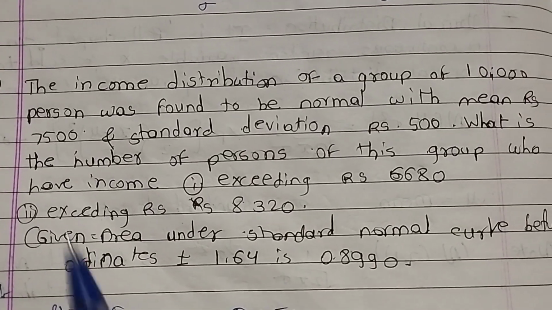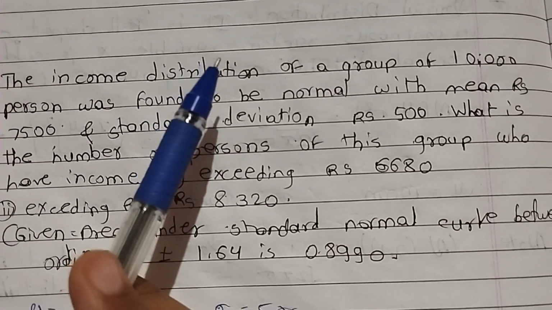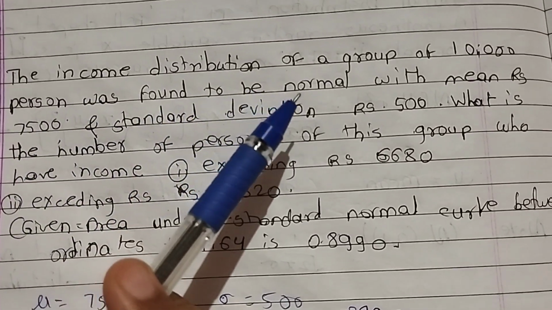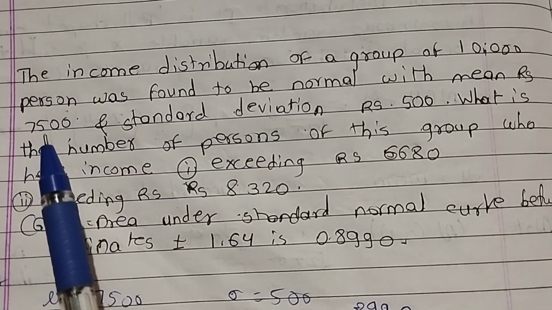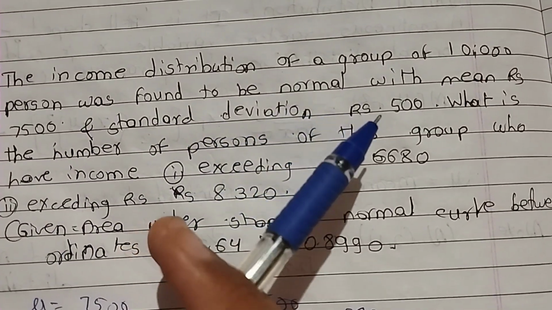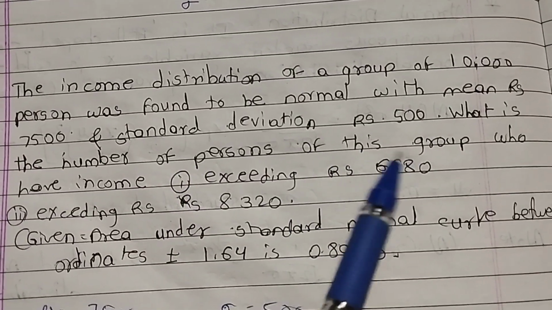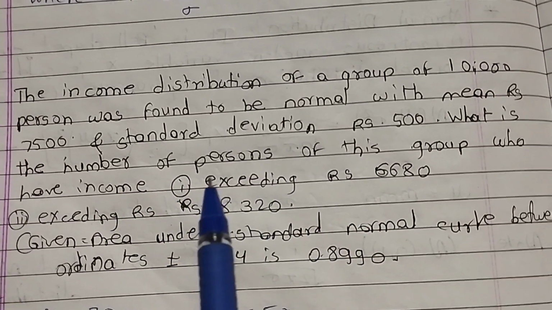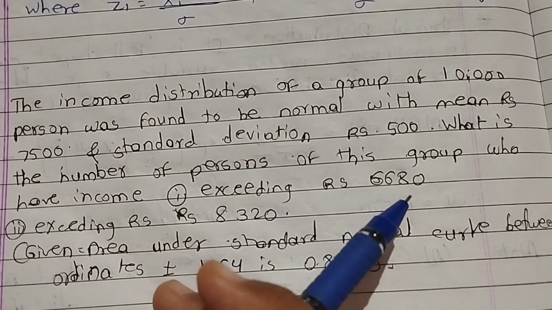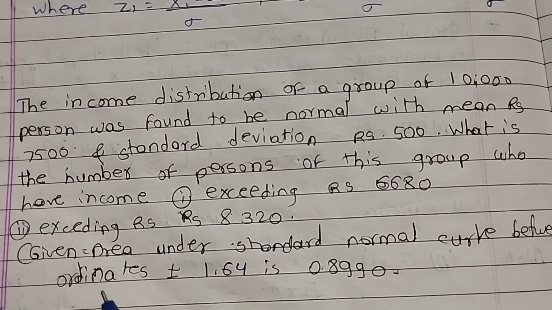So here the first example: the income distribution of a group of 10,000 persons was found to be normal with mean rupees 7,500 and standard deviation rupees 500. What is the number of persons in this group who have income first exceeding rupees 6,680, and exceeding rupees 8,320?